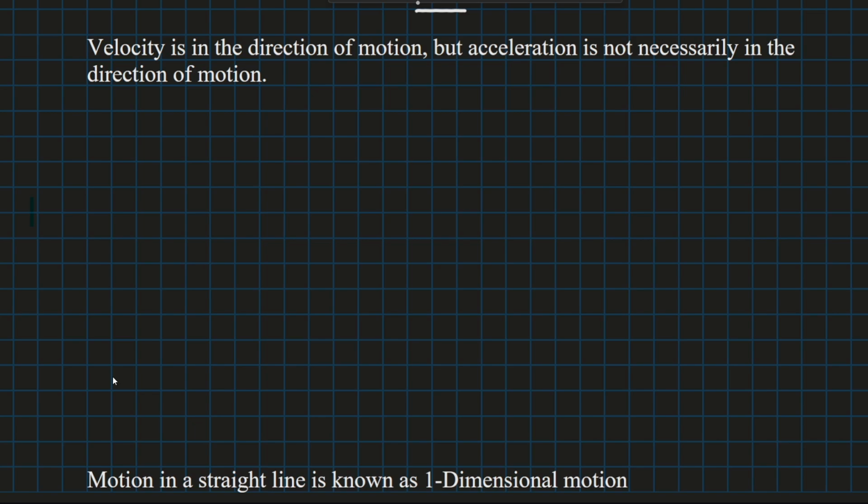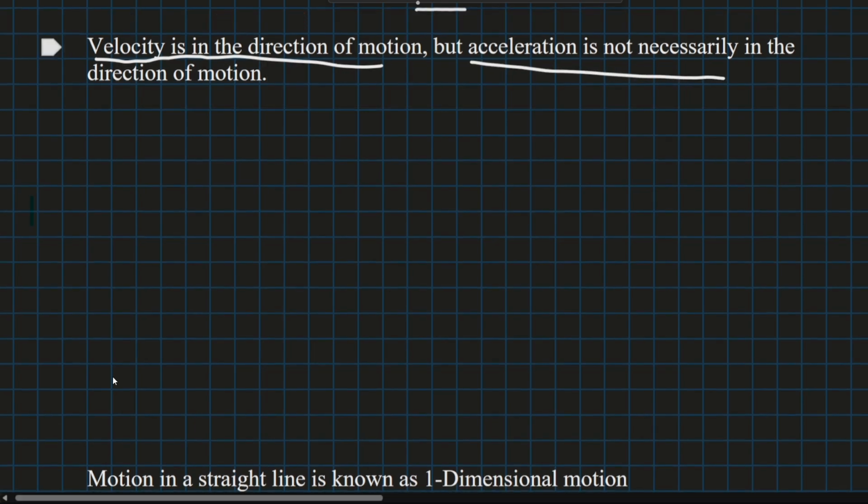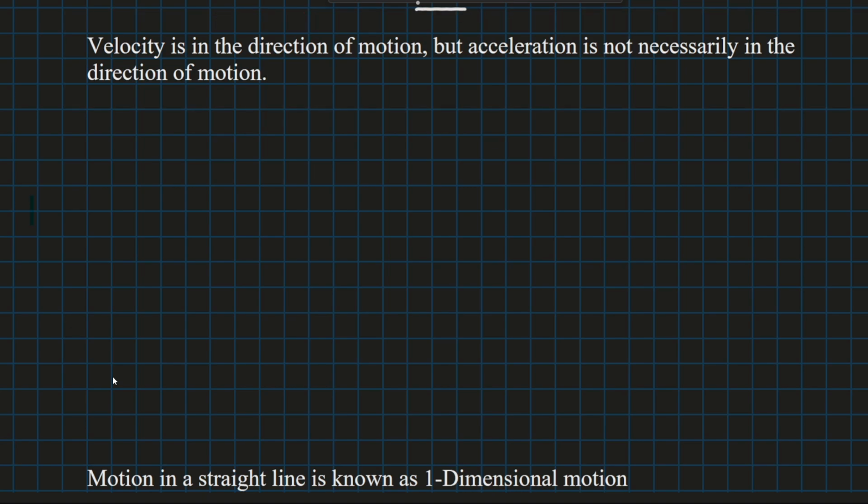So, first of all, velocity is in the direction of motion, but acceleration is not necessarily in the direction of motion. The thing that this statement states is that when velocity is towards the right, the motion happening will also be towards the right.